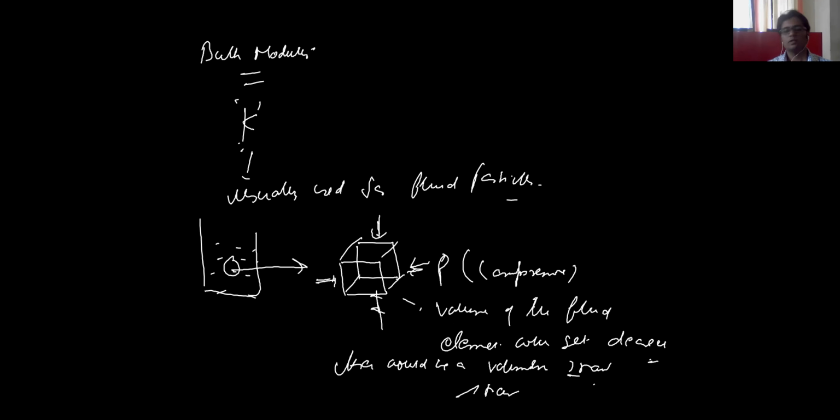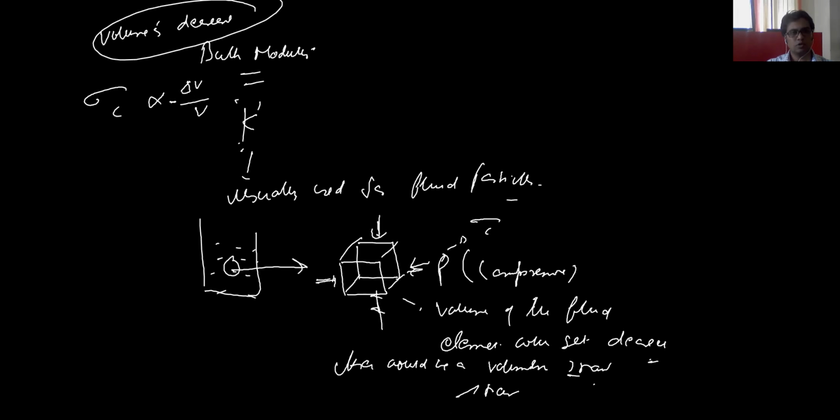Suppose this stress is sigma c. Sigma c will be directly proportional to the volumetric strain, delta V by V. It will be minus because the volume is decreased.